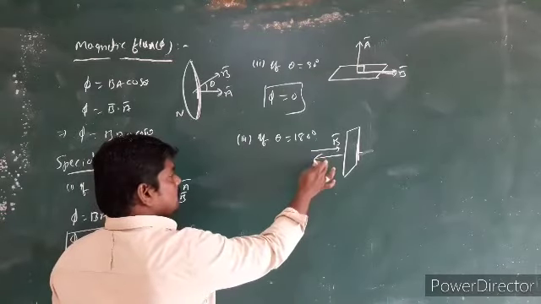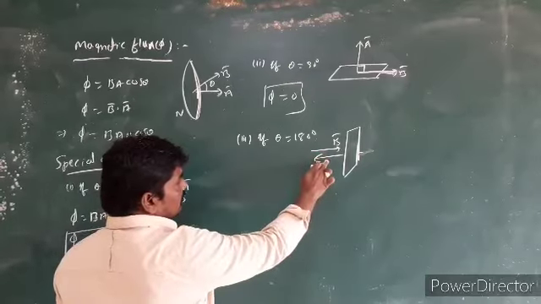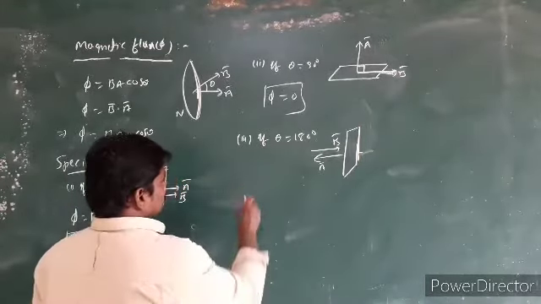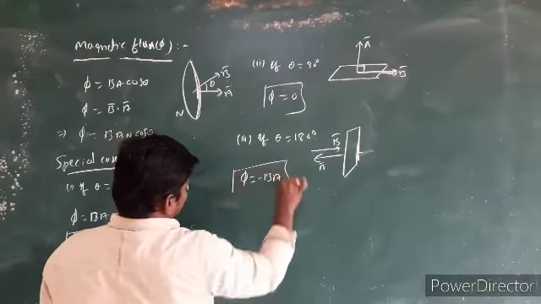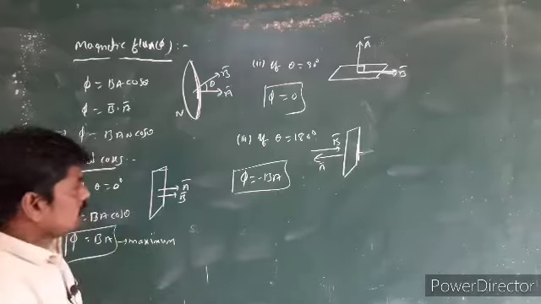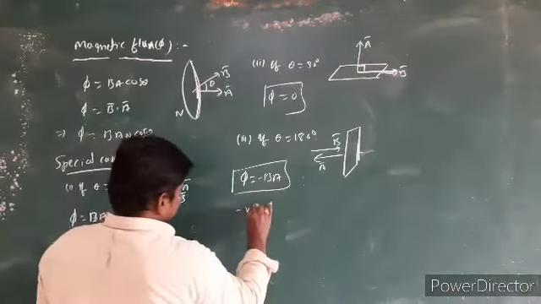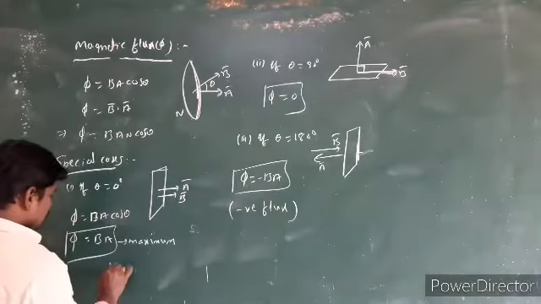Nothing but the magnetic field is parallel to the area vector, but the direction is opposite. Magnetic field parallel to area vector means perpendicular to the plane of the coil. Now flux phi is equal to BA cos 180, value minus 1, flux is equal to minus BA. This is a negative flux. Here, this is positive flux.